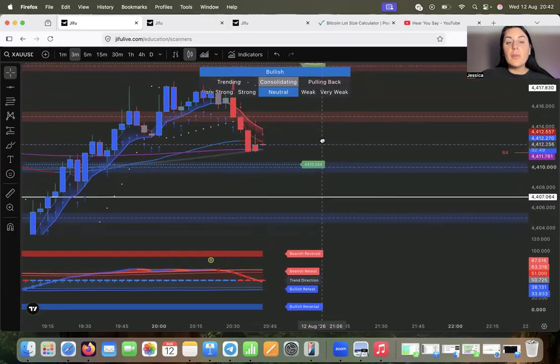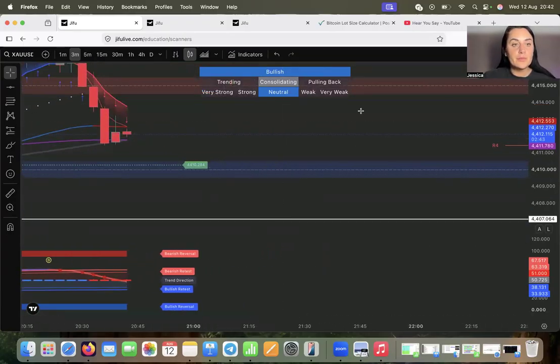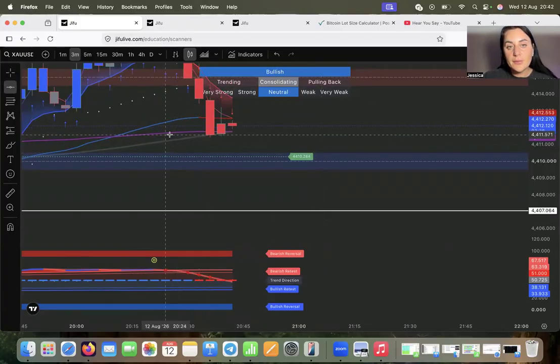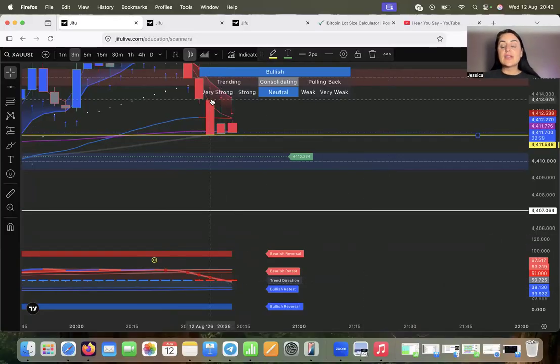So for me personally, candle has closed below. Can you see? Look, candle closed below the purple EMA, and it was an engulfing candle. An engulfing candle means a big body.